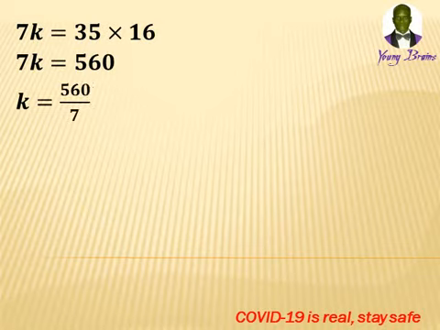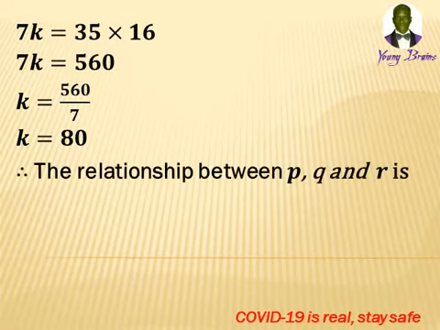So we have k equals 560 divided by 7. k equals 80. The relationship between p, q, and r can then be written as p equals 80q divided by r squared, having substituted k equals 80 into the relation.